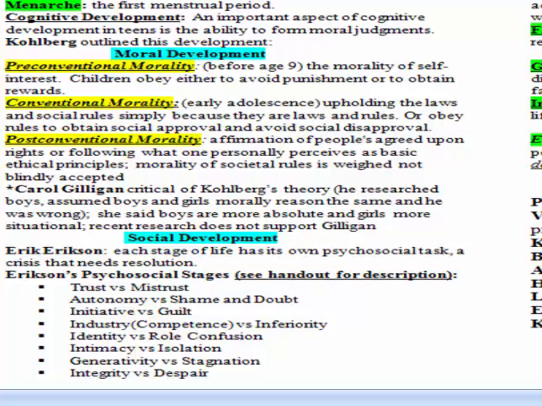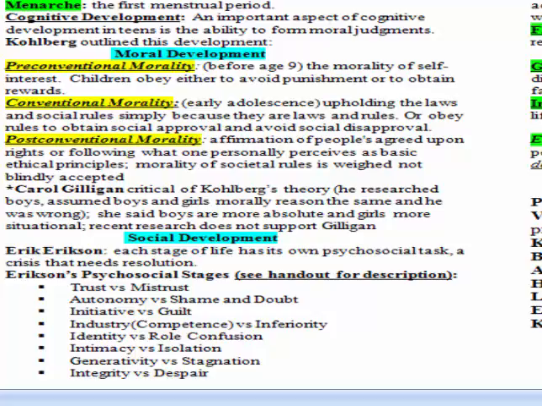Conventional morality is early adolescence. And this is where we uphold laws and social rules simply because they're laws and rules. We typically do things to try to gain social approval or avoid disapproval. And then post-conventional morality is the last of the stages. And that's where we have affirmation of people's agreed upon rights, or we follow what we might perceive as basic ethical principles.